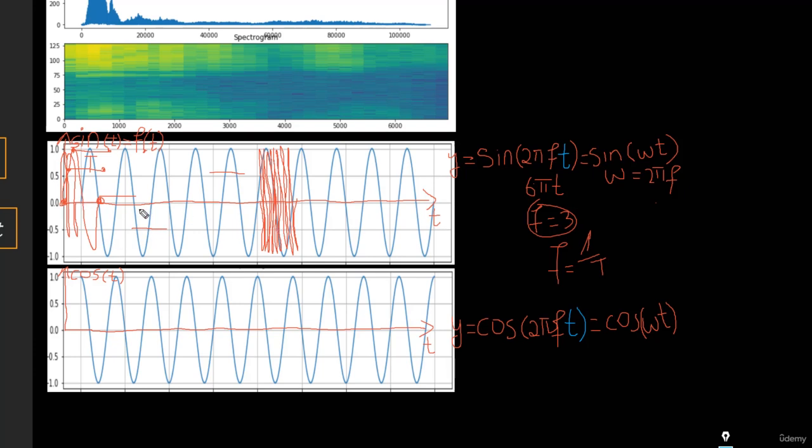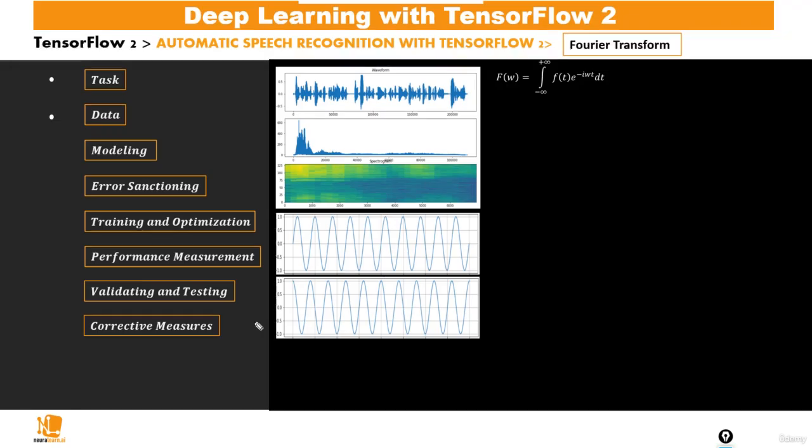And if we know that number of oscillations, it also means we know the time taken to do one oscillation, which is known as a period. Now the period and the frequency are of the same importance, since once we have the period, we have the frequency, and once we have the frequency, we also have the period. Now this also goes the same for the cosine function, and that's it.